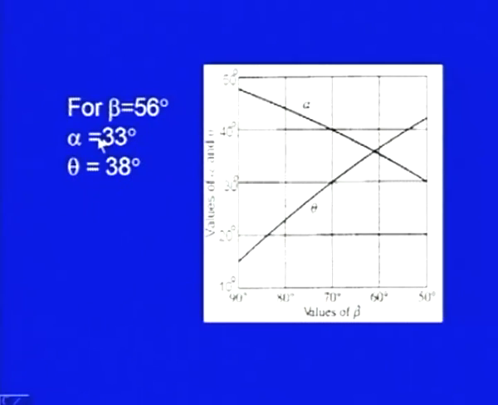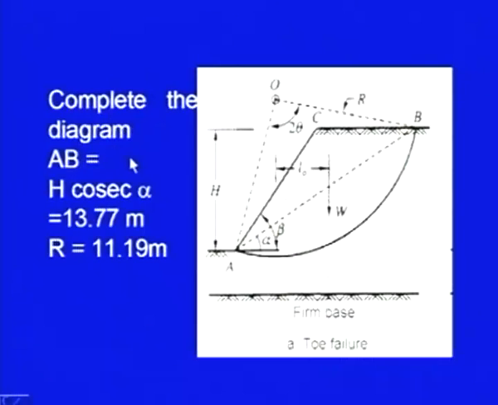So, now you know these two angles, you can complete the diagram. You can solve this problem graphically also, or you can solve it analytically. So, alpha is known to you, 2 theta is known to you. Once 2 theta is known, you can find out this angle, and then the rest of the things have to be done.